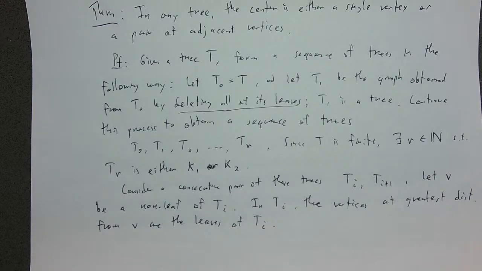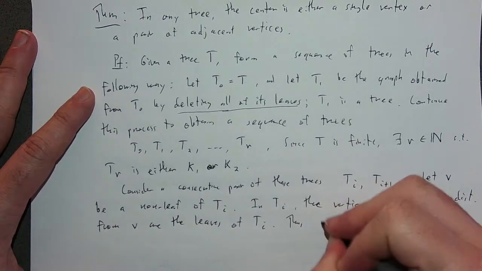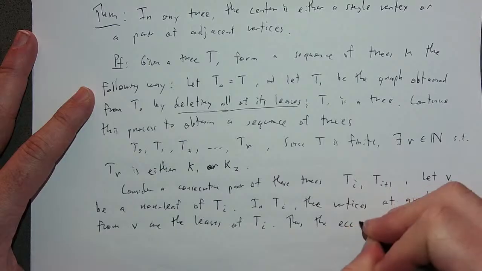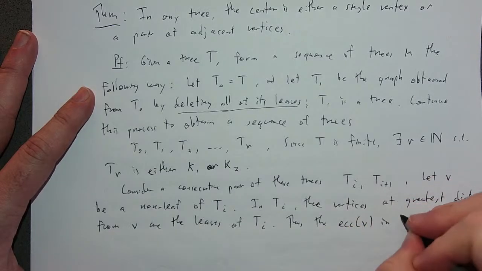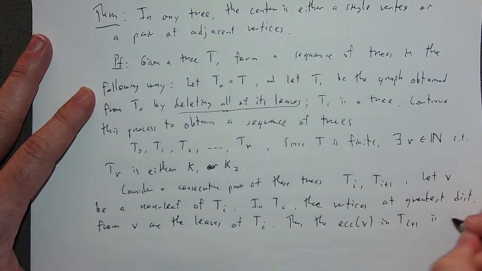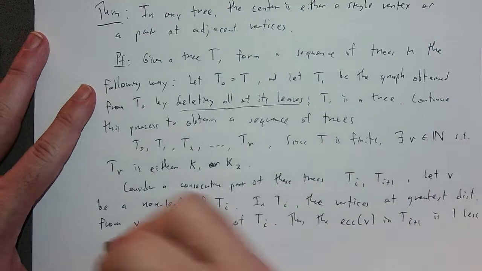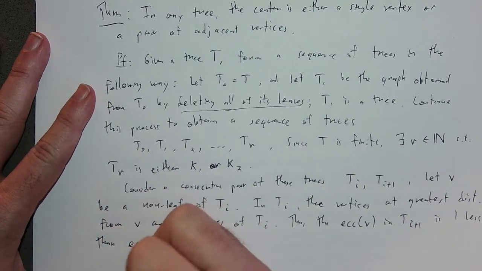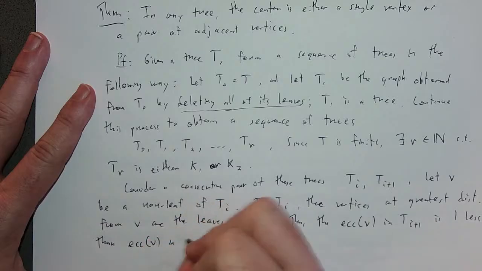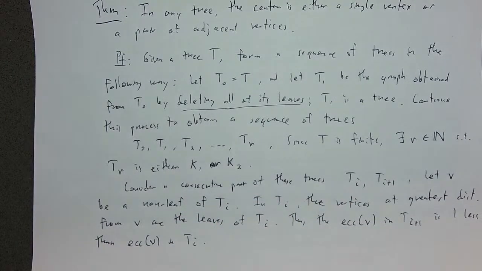So the eccentricity of V in T sub I plus 1, which it's guaranteed to be in because it's a non-leaf of T sub I, is 1 less than the eccentricity of V in T sub I. Thus, eccentricity of V in T sub I plus 1 is 1 less than the eccentricity of V in T sub I. But this is true for all non-leaves of T sub I?